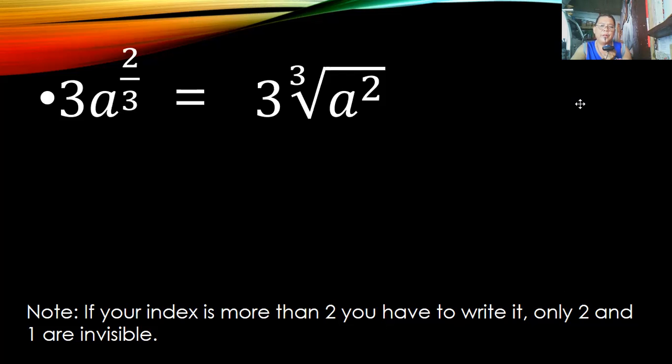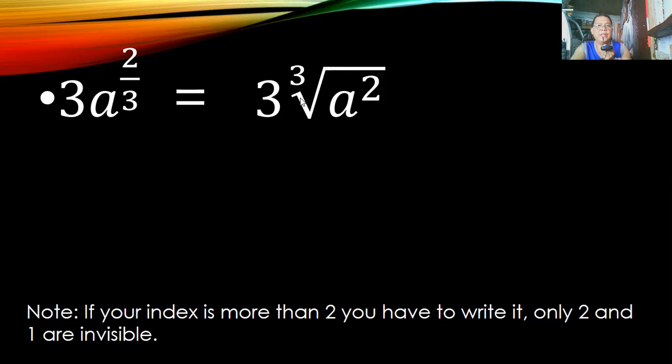We have here our note. If your index is more than 2, you have to write it, and only 2 and 1 are invisible. More than 2, sulat yun, no? So we have this example, 3a, the exponent is 2/3. So 3a raised to 2/3 equals, so a has the exponent of 2/3.